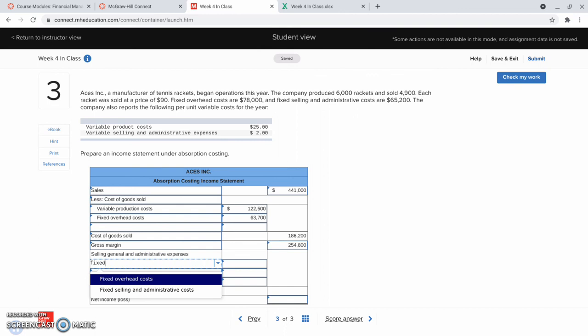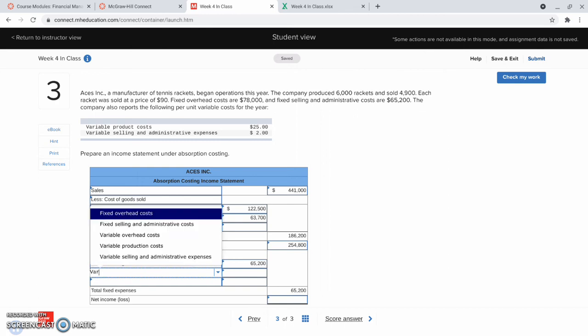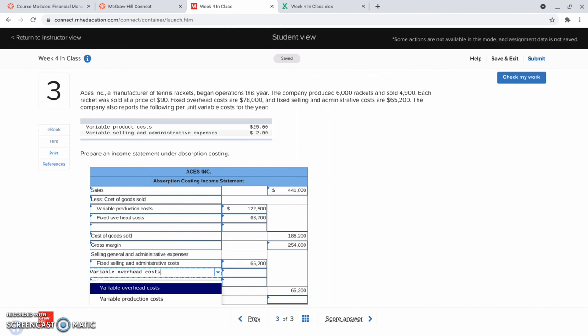Next up, we have our fixed selling and admin expenses, which is 65,200. And then we have our variable selling and admin expenses, which is the same as the problem before, 9,800. Our total expenses are 75,000.